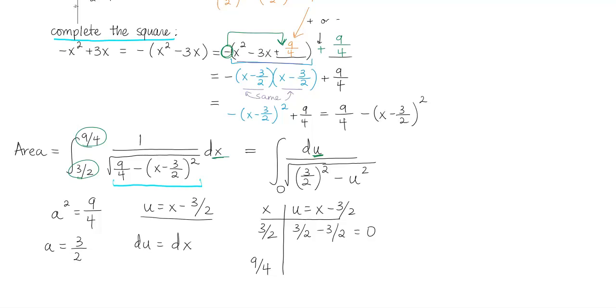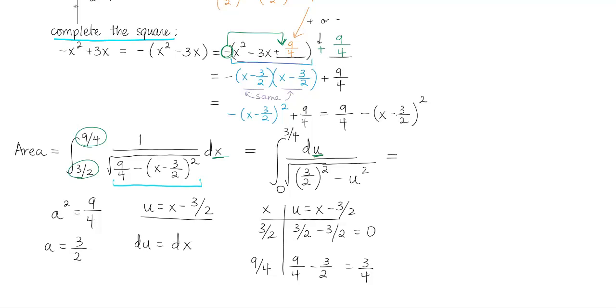So the new lower limit for the u integral is 0. And when I substitute in 9/4, I get u is equal to 9/4 minus 3/2, which is equal to 3/4. And so our new upper limit for the u integral is 3/4. So I changed my limits. You don't have to change limits, but that is one way that we could do it.